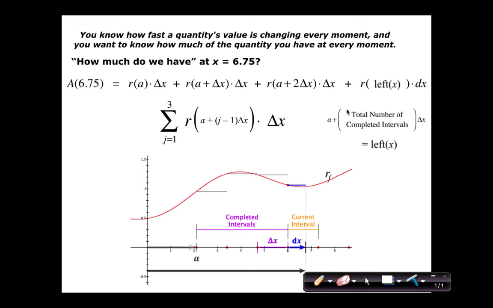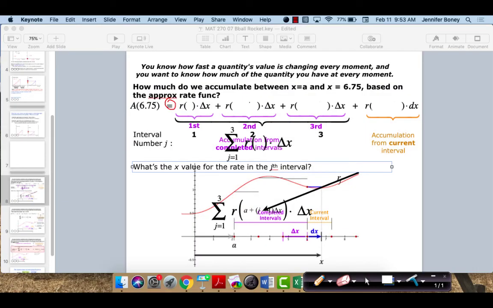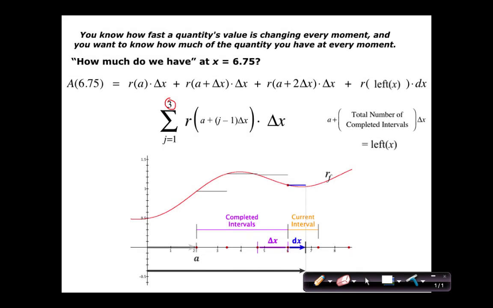All right, so the total number of completed intervals is something that I am going to need to write here, and I'm also going to need to write here, and this is not cooperating with me. But the total number of completed intervals in this specific example was 3. It can also be this x minus a over delta x floor function.